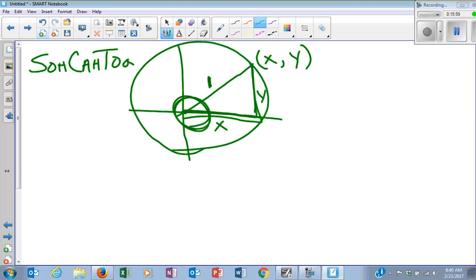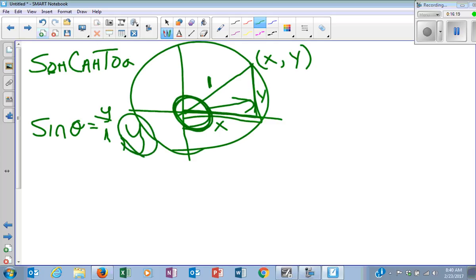What is sine of this angle? What is sine of theta really equal to? It's equal to opposite. What is the opposite? Y. Over what? So what is sine of theta really equal to? The y coordinate of that ordered pair. You following me?